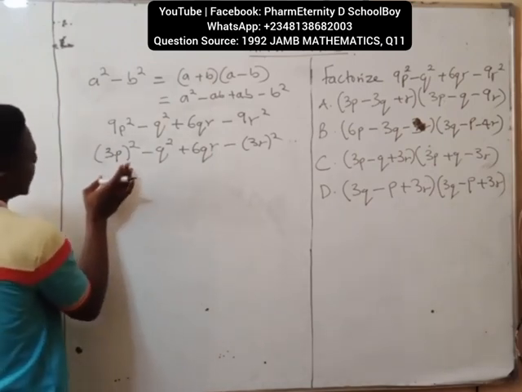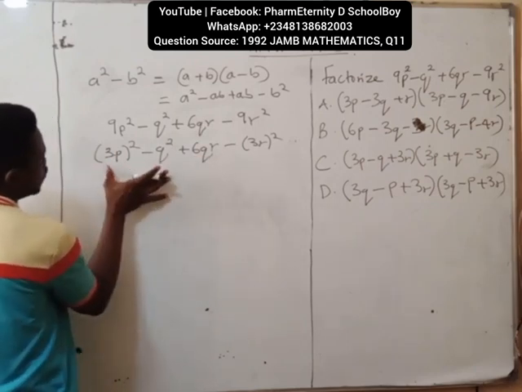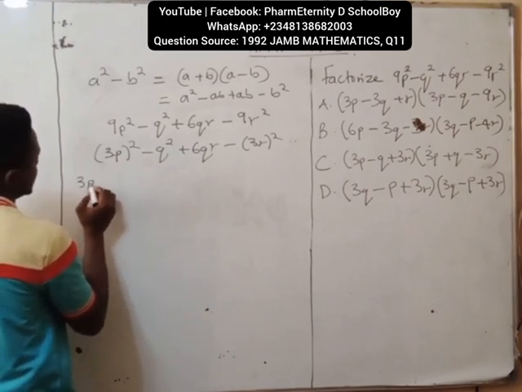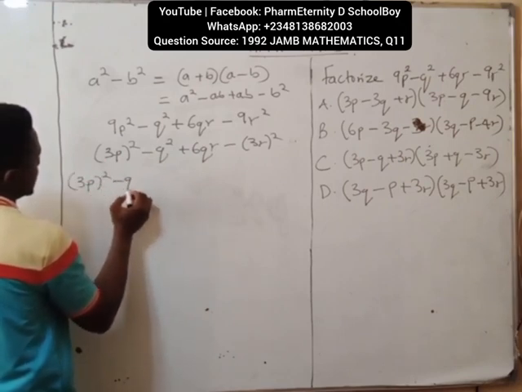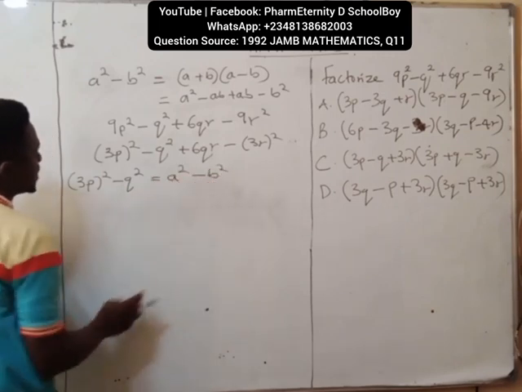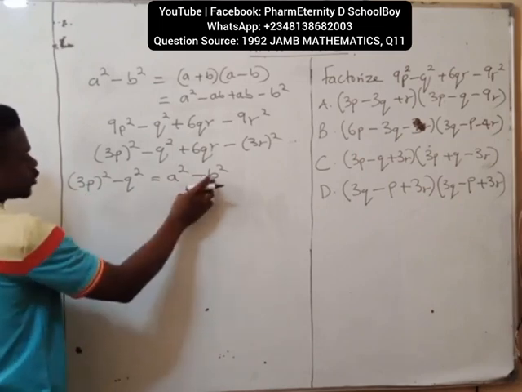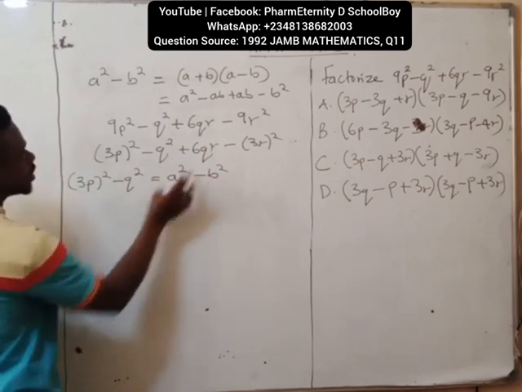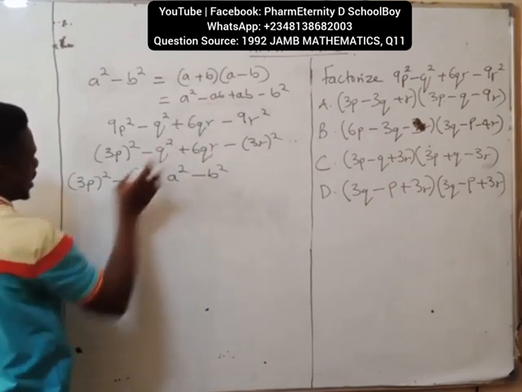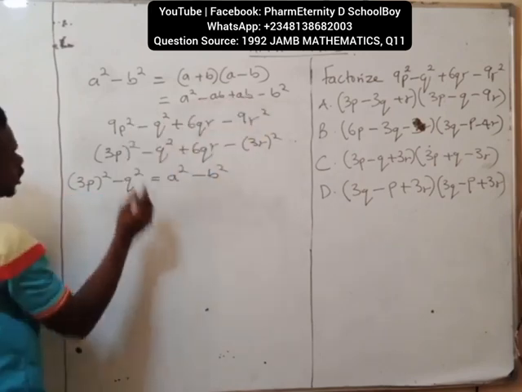Let's work on this first, taking this to be equal to a squared minus b squared. What it means is that any place we see a, we'll put 3p, anywhere we see b, we'll put q. So let's substitute 3p for a here and q for b here.